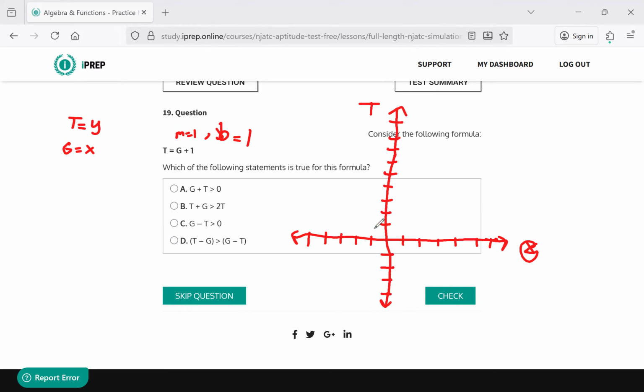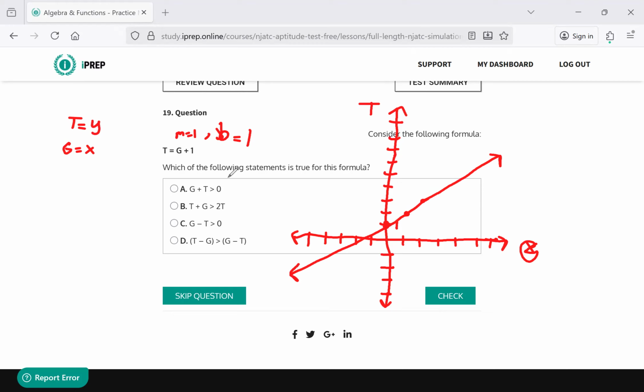Okay, so if you graph this, the b is 1, so your y-intercept is 1, and my slope is also 1. I'm going to graph this using the rise over run method. So from the b, you go rise 1, run 1, rise 1, run 1, right? And it looks something like this.